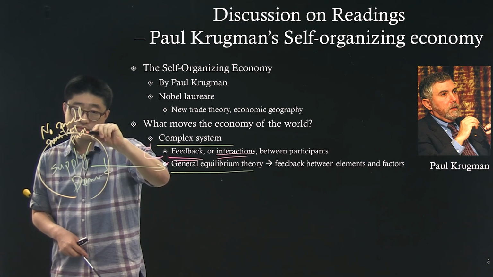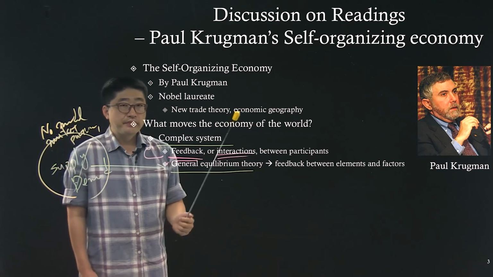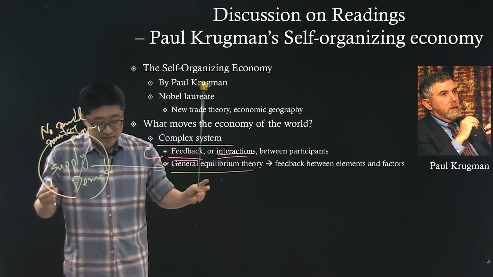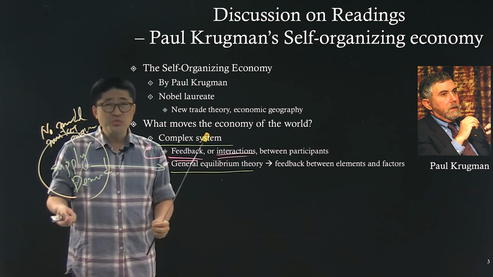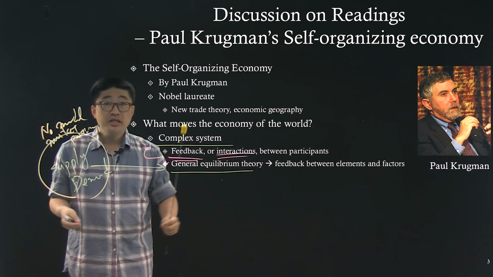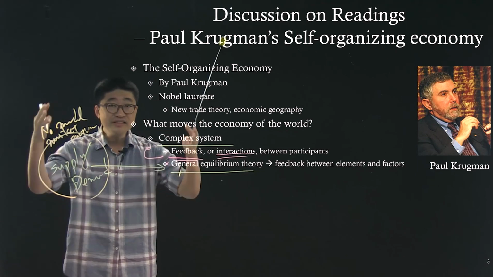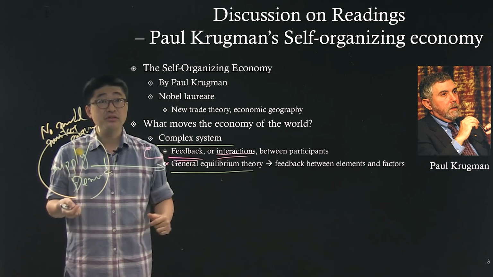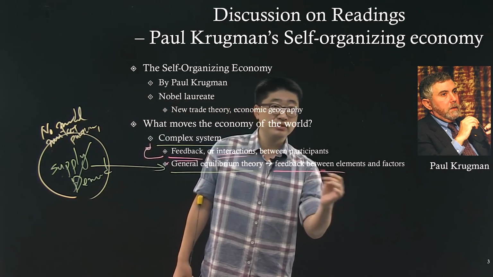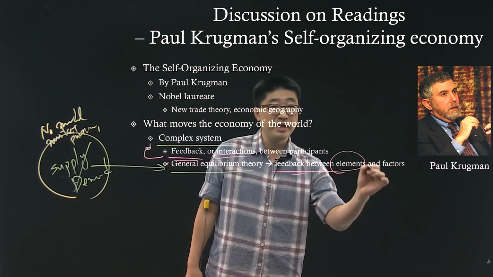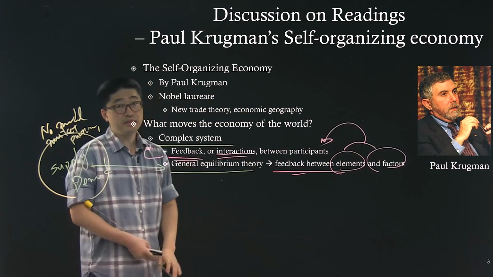However, this equilibrium is, I would just say this word, emerged, okay? Emerged out of this context, emerged and constructed. This equilibrium is constructed through the feedback loop of these elements and factors owned by the participants, right?